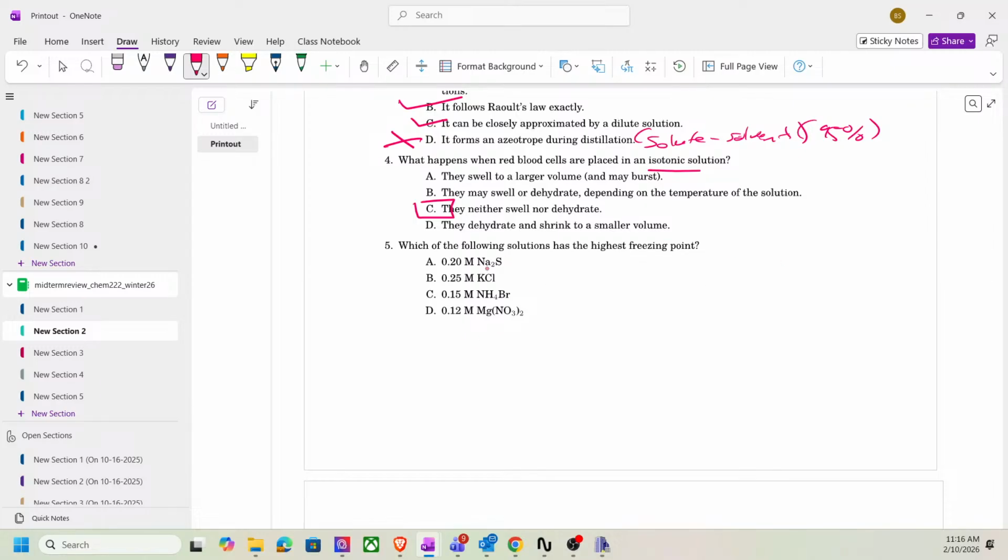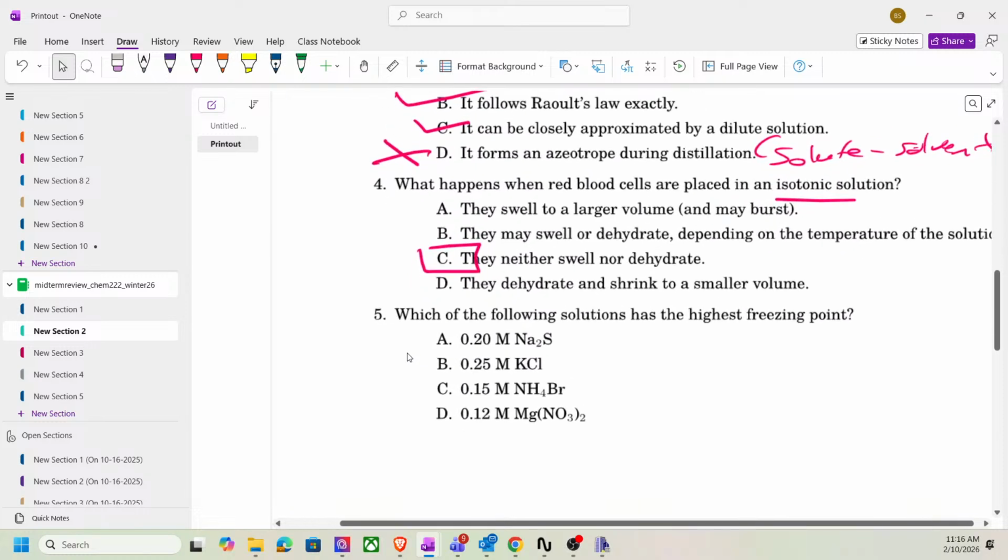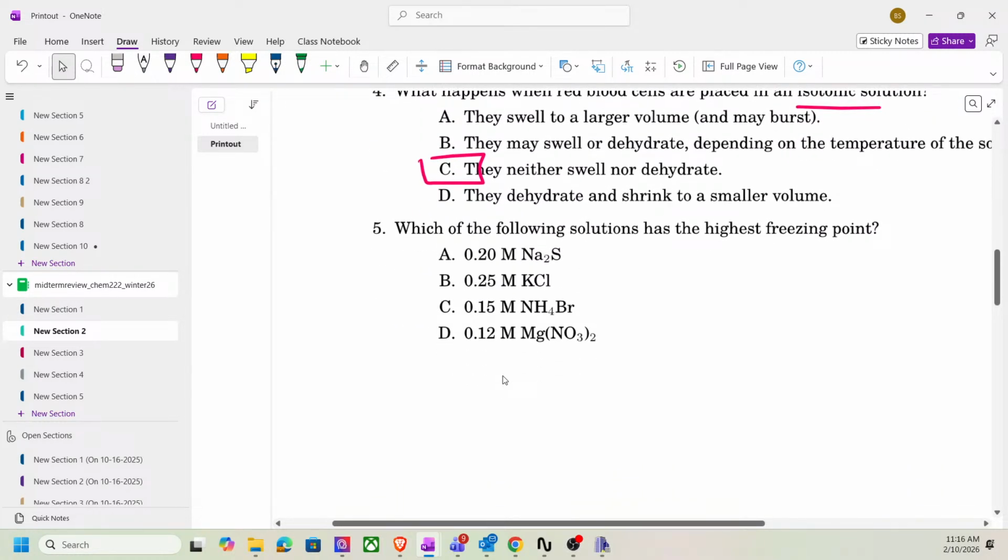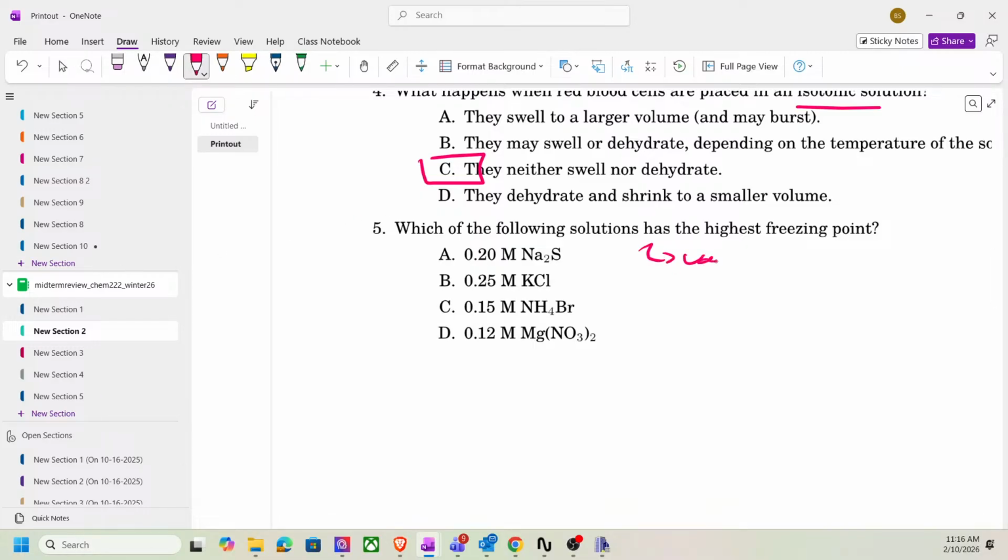So which one has the highest freezing point? And before we start shouting answers, what's the secret to this one? What do we have to do and analyze? So the van't Hoff factor, that's one thing. And then, what did you say? Oh, so that gives us our moles.